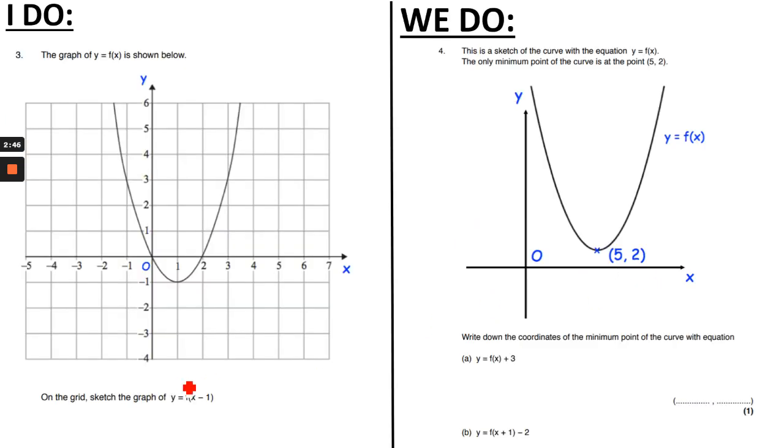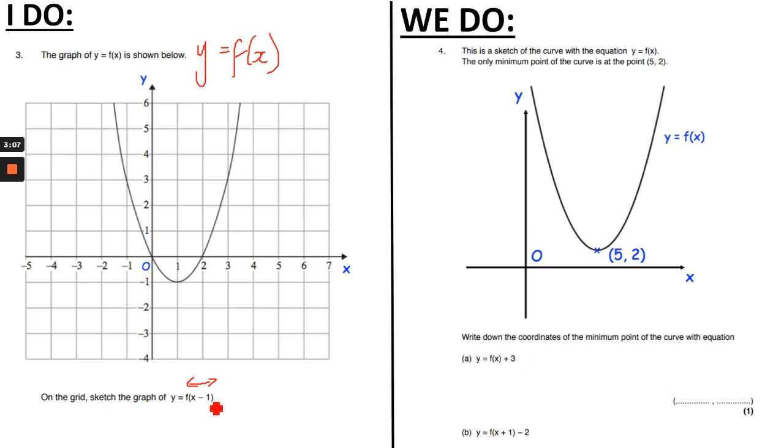So if we've got a graph like this, so we've got a quadratic, this is a function y = f(x). Now I want to work out, well, what is y = f(x - 1)? Now, because it's inside the brackets, that's therefore going to go left or right. And it's the opposite of what you'd expect.